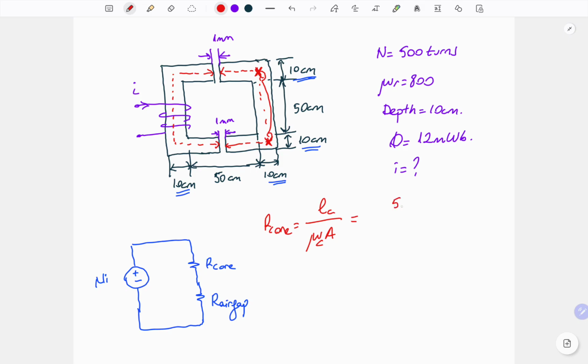So 5, 50, and one more 5 for the below corner, half of 10, must be converted to meter. And we have 4 legs for this figure. In addition to that, we have to subtract the air gap lengths. So we have 2 times 10 to the minus 3 because of the millimeter unit.